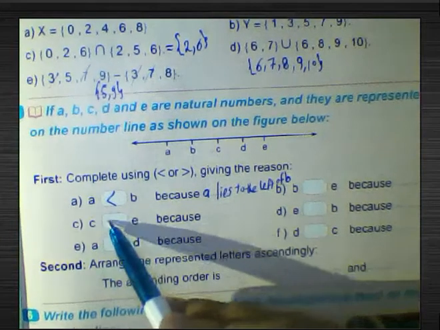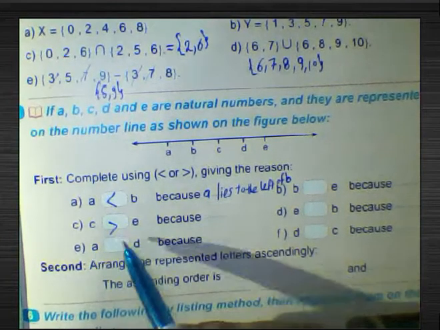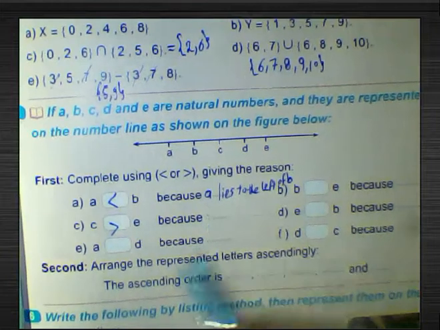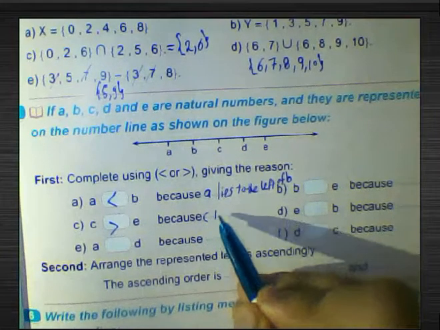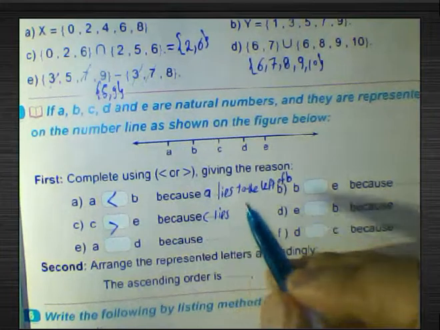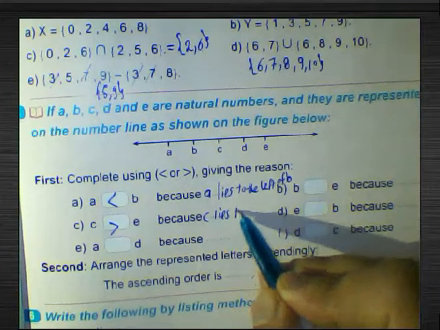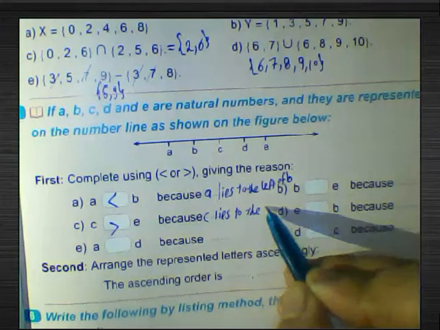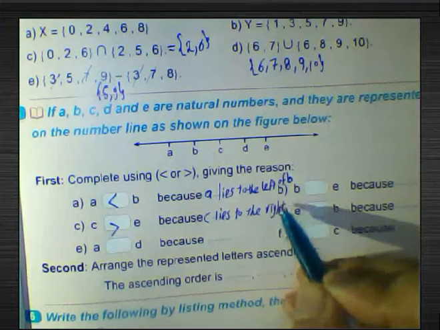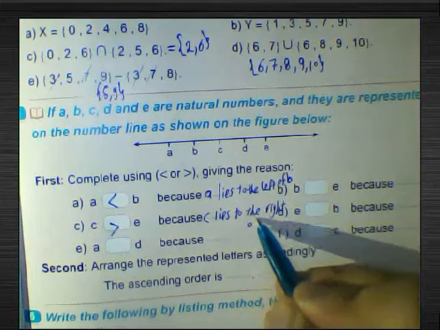C greater than E because C lies to the right of E.